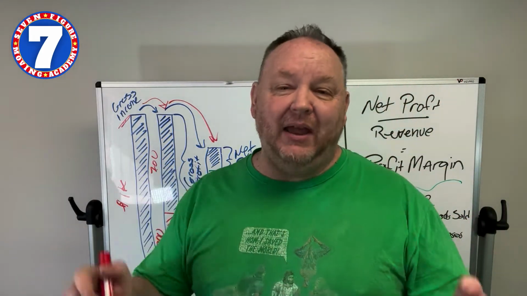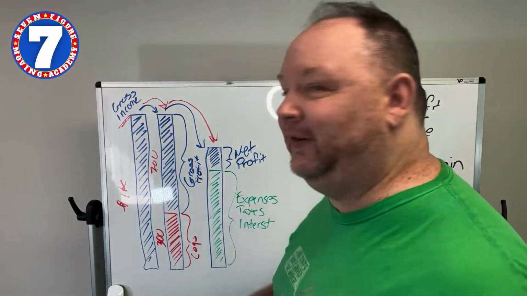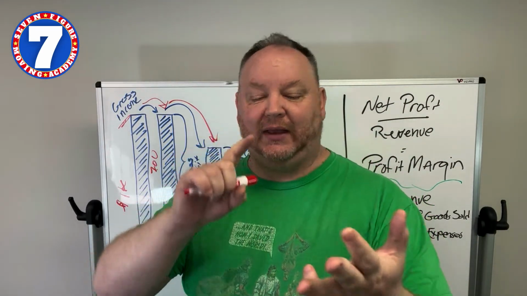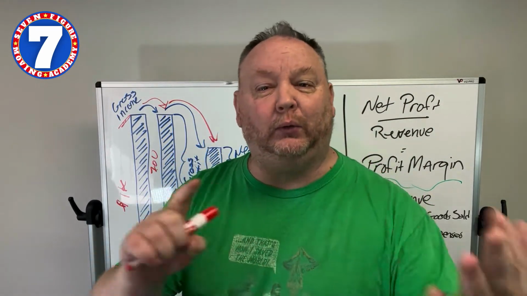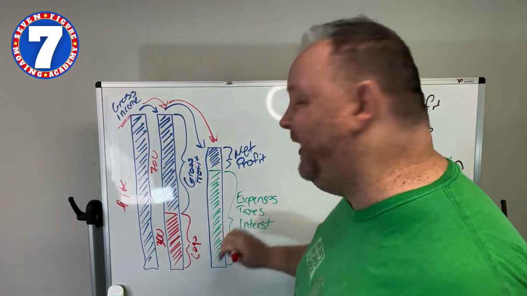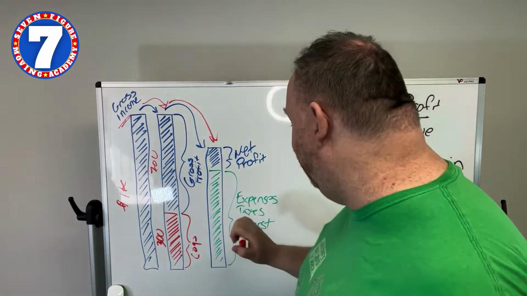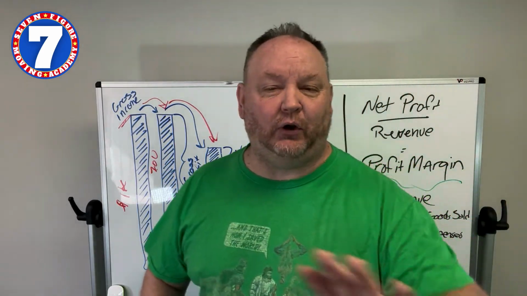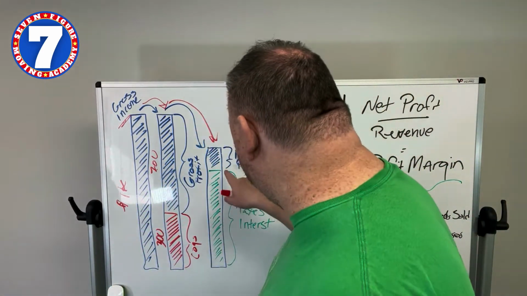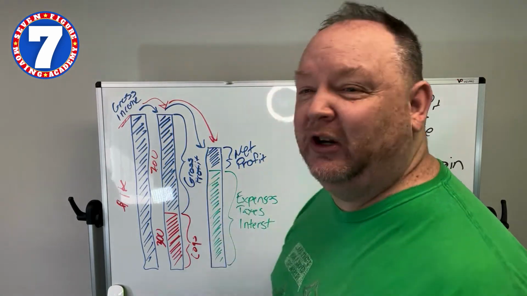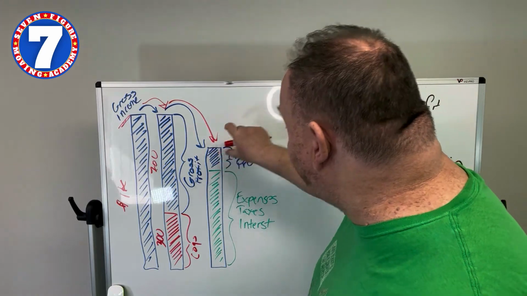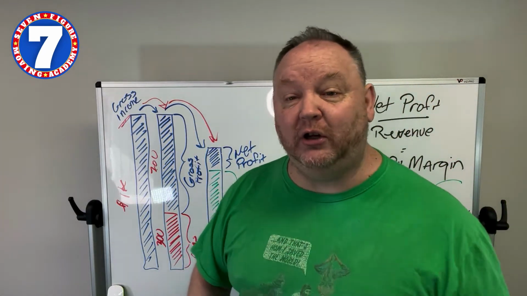Operating expenses could be your marketing, your websites, gas, fuel, rent, and so on. Then you have your taxes, and if you have any loans, the interest on those loans, or any interest on anything. You subtract all of that, and what you have left over is your net profit.